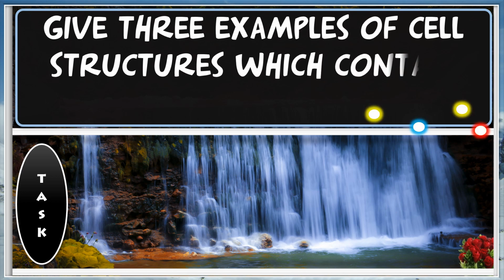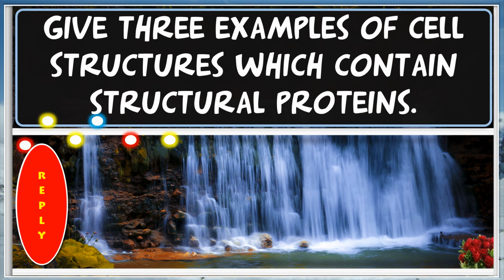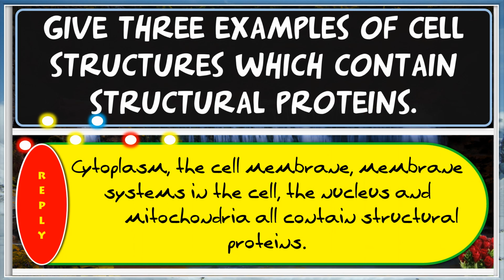Give 3 examples of cell structures which contain structural proteins. There is the cytoplasm, the cell membrane, membrane systems in the cell, the nucleus, and mitochondria; all contain structural proteins.